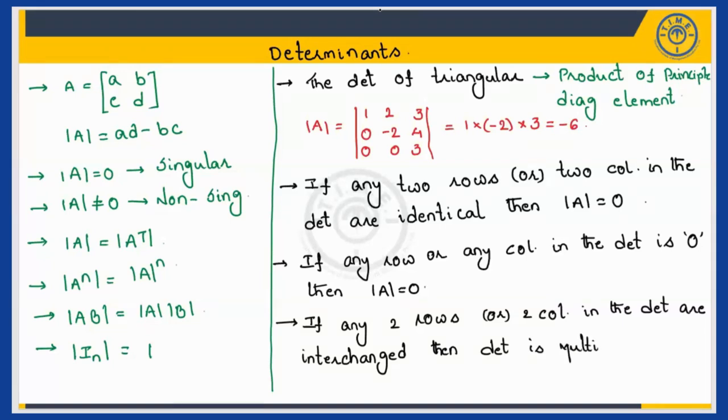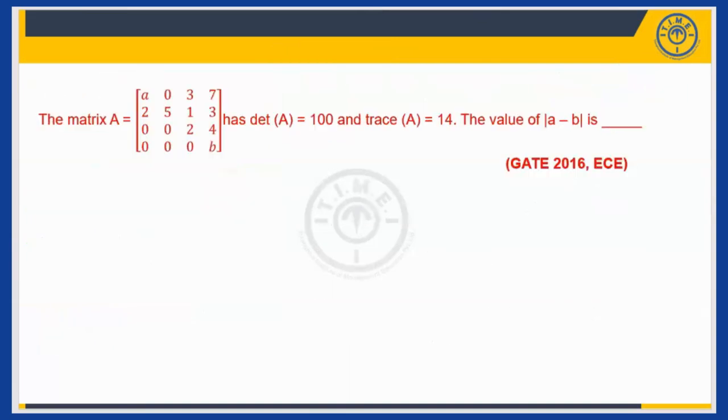The determinant is multiplied with -1. That's it.